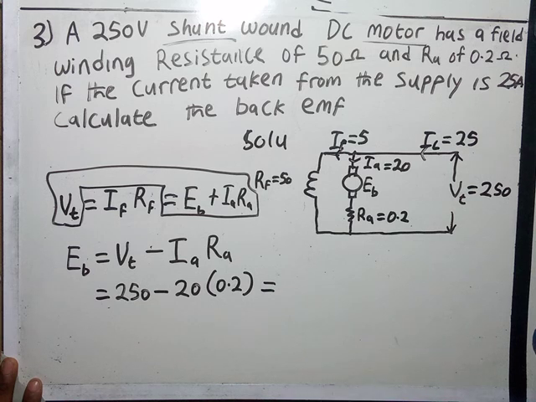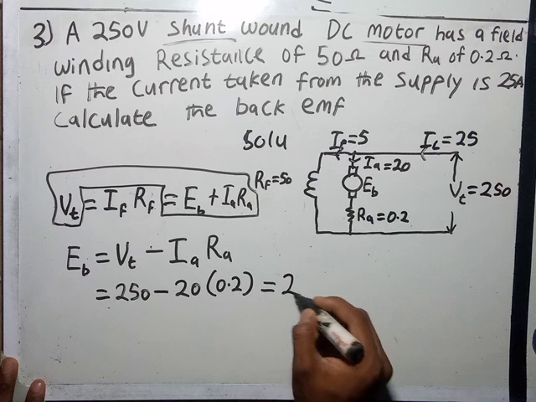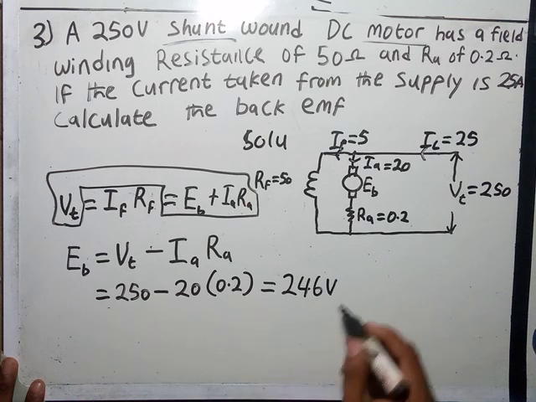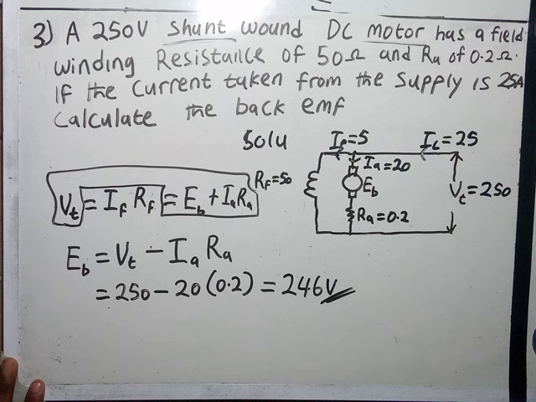We have 250 minus 20 times 0.2. This will give us 246 volts. So this is our back EMF value.